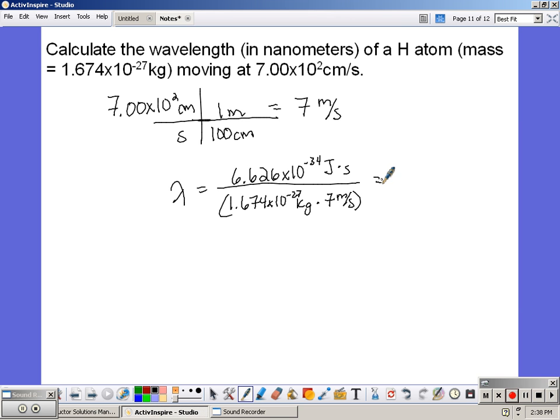Alright, so our seconds would cancel, our kilograms would cancel, remember joules is really kilograms meters squared over seconds squared, so that cancels. So we're left with just 1 meter. So our answer would be 5.65 times 10 to the negative 8th meters.